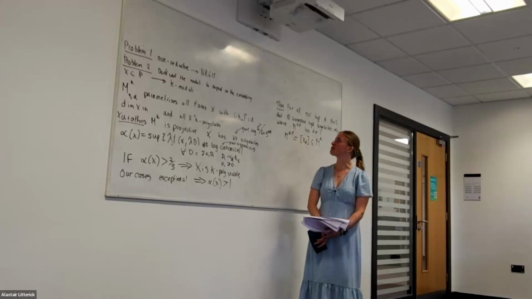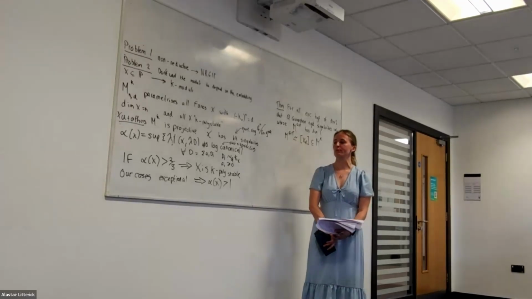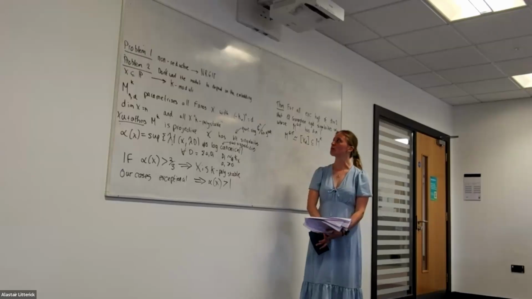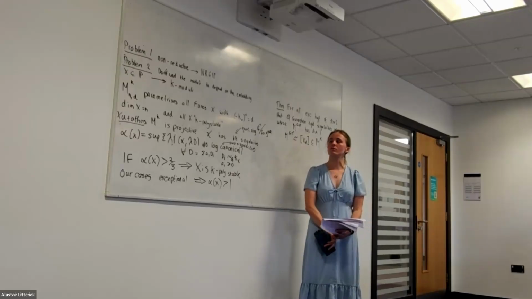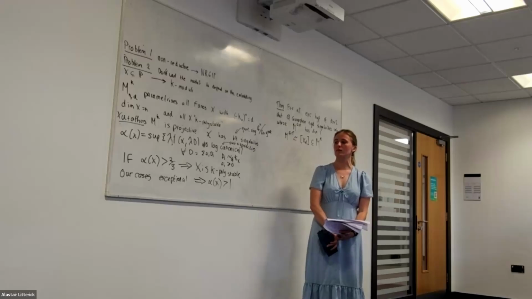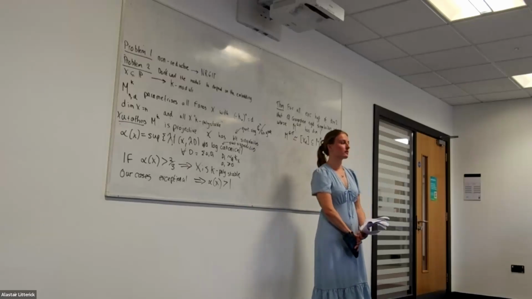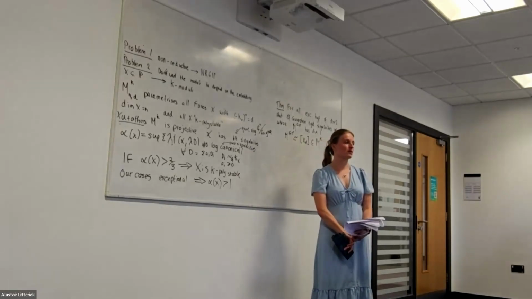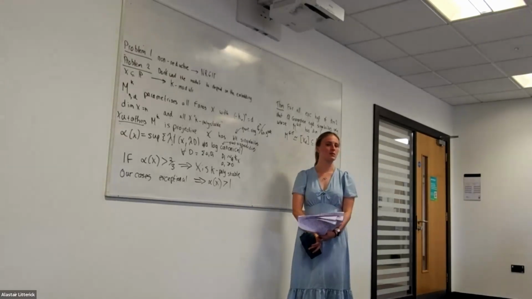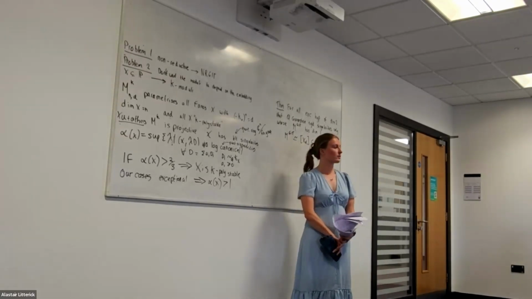If the special fiber is exceptional, you cannot transform it to something else. Because for the fibrations that are isomorphic apart from one fiber, the alpha invariants have to add up to at most 1. So if it's larger than 1, you cannot change, for the Fano fibrations.